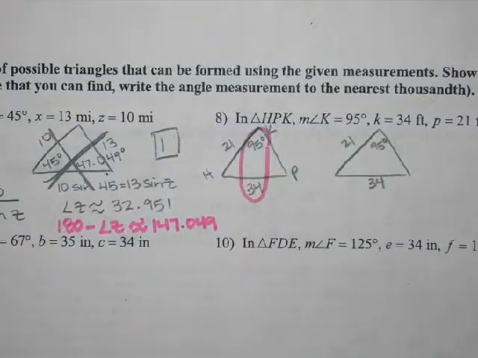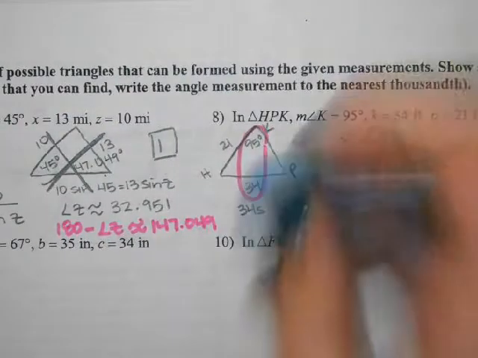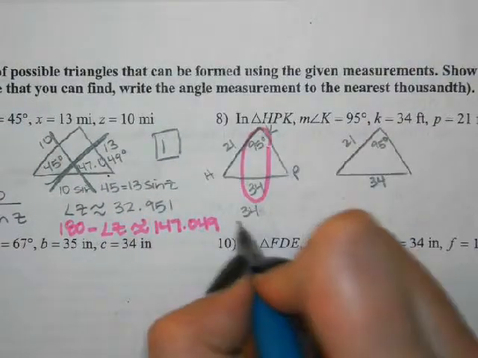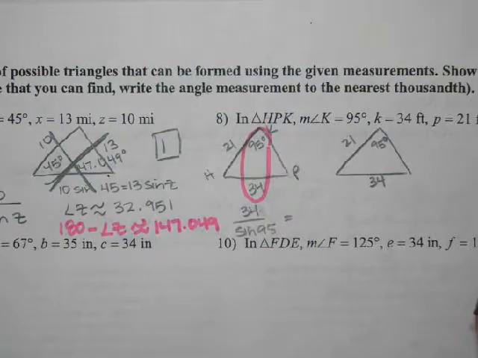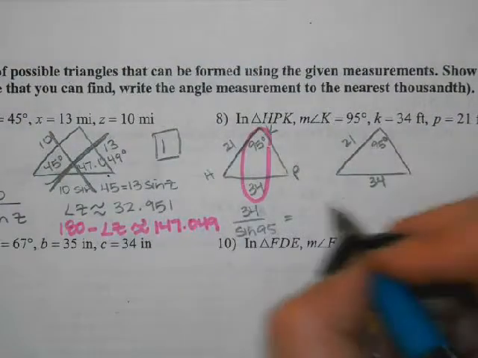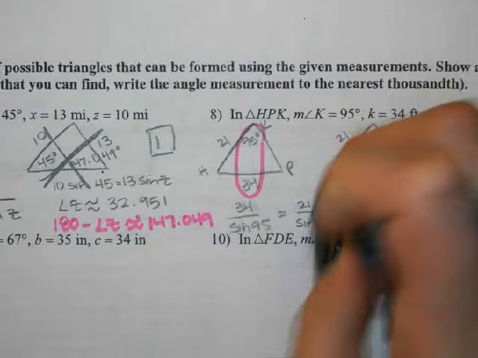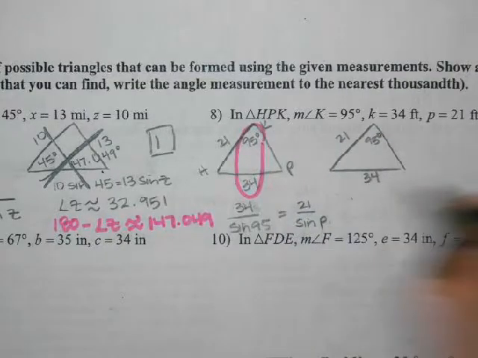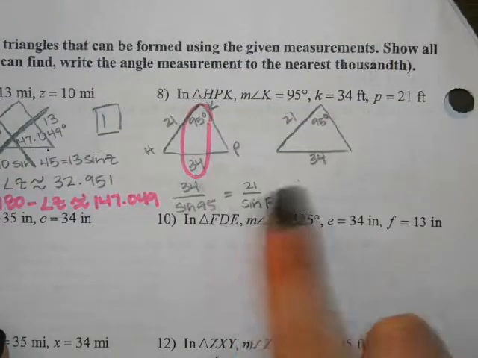Okay, so 34 over sine of 95 equals 21 over sine P. Oop, that's a B, not a P. Sine P. Okay. And then what do I do? I cross multiply, right?